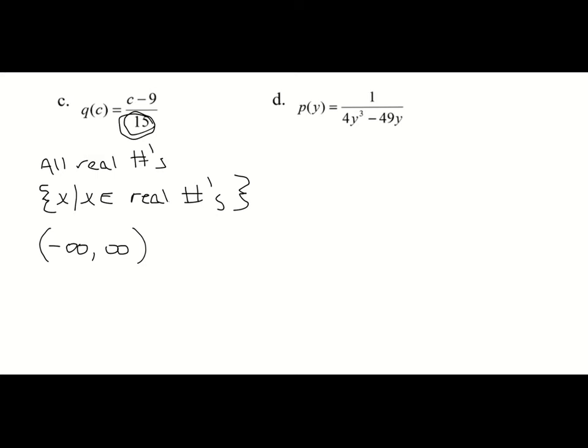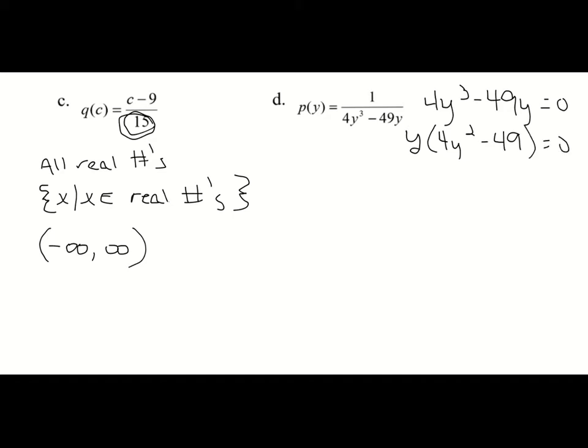I like it. For D, we do need to take our expression, 4y cubed minus 49y, and set it equal to 0. I can factor out a y, so it'll be y times 4y squared minus 49 equals 0.